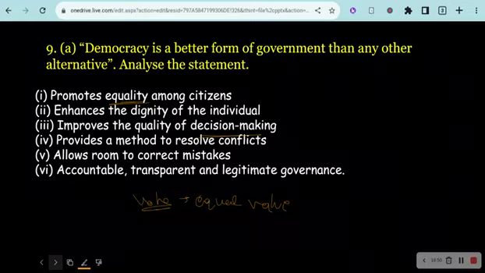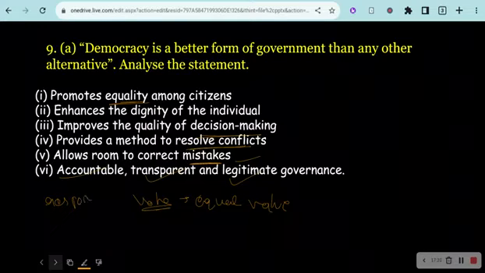So many people making decisions will improve the quality. It provides a method to resolve conflicts, as in whatever problems are there, we can resolve them by proper discussion and methods. It allows room to correct mistakes. If there is any mistake, even by the citizens or by the government, it allows us to correct it. It is accountable, transparent, and legitimate governance. That means whatever is happening in the country, it is responsible.